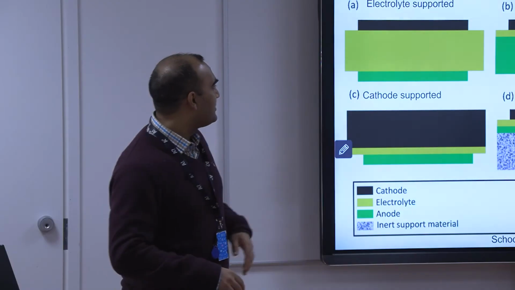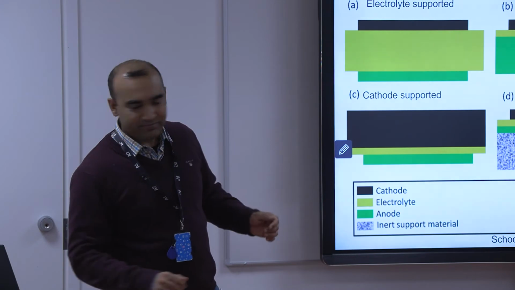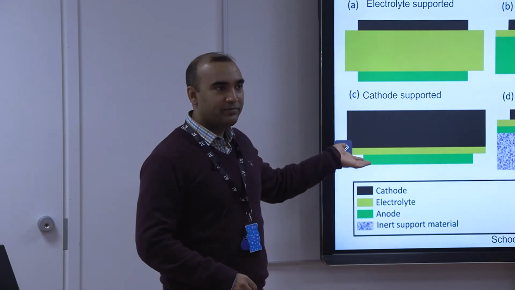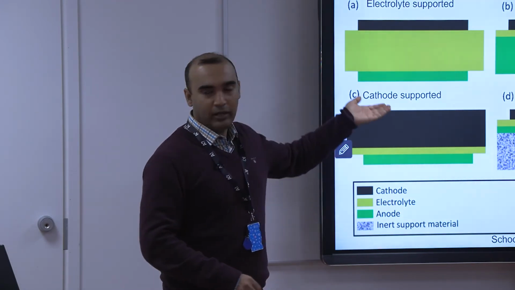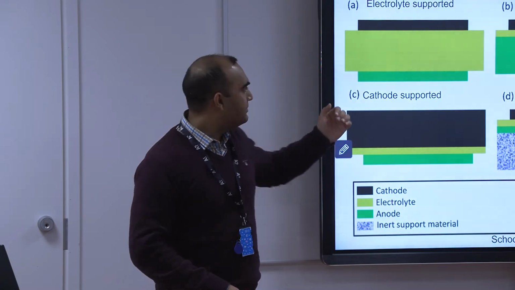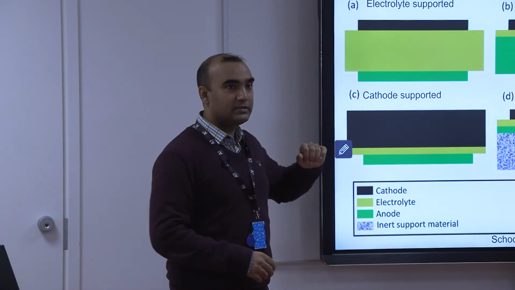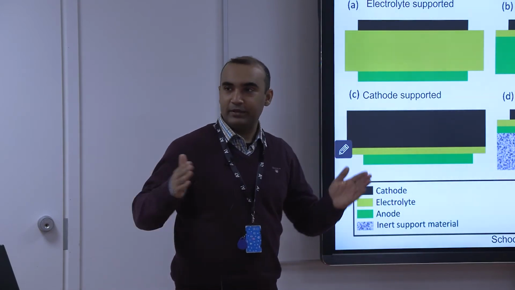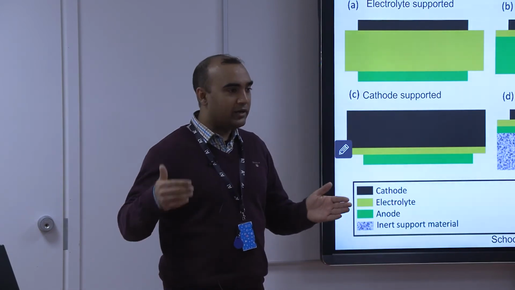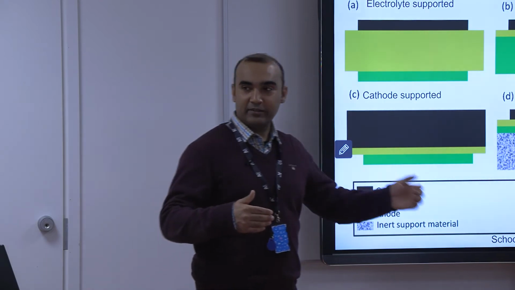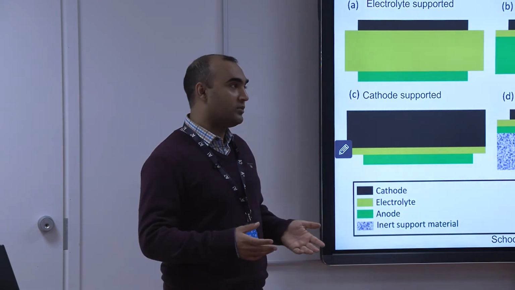So anyway, out of those 3, the most efficient ones are anode supported. And the reason for that is, for electrolyte supported cells, when we have a very thick electrolyte layer, the ions move such a large distance, so we have huge ohmic losses.